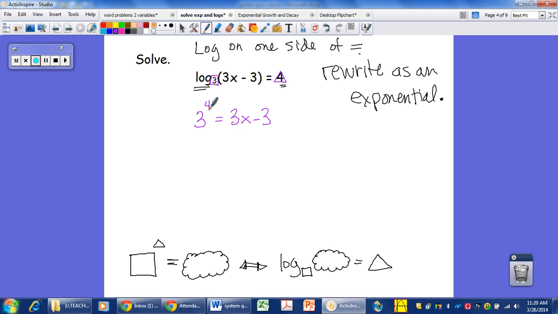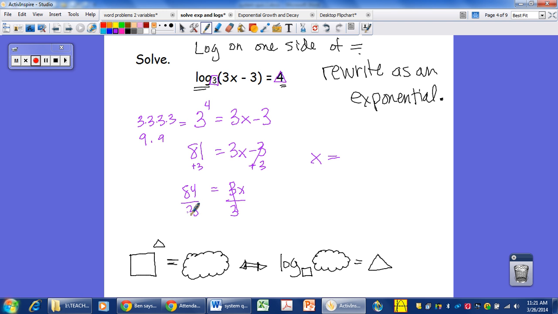So 3 to the 4th power, 3 times 3 times 3 times 3. So 3 times 3 is 9. 9 times 9 is 81. Equals 3x minus 3. Add 3 to both sides. 3x equals 84. And finally dividing both sides by 3.